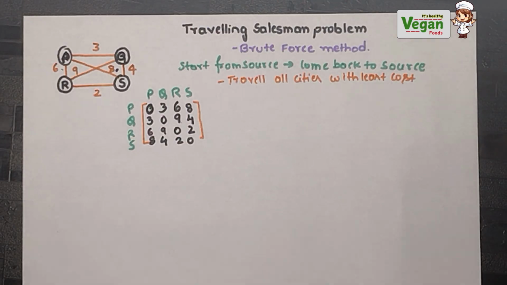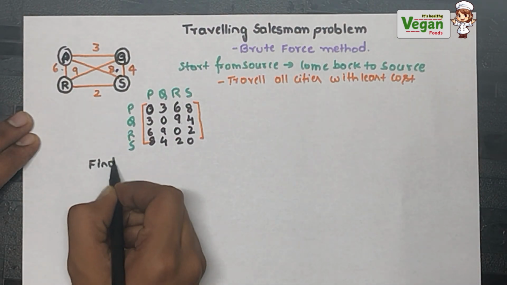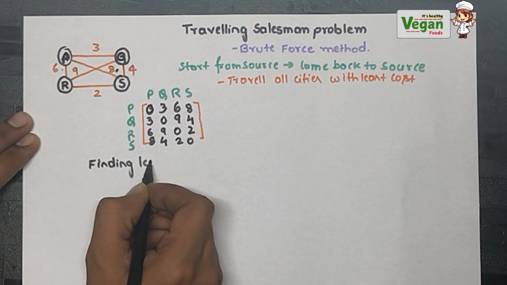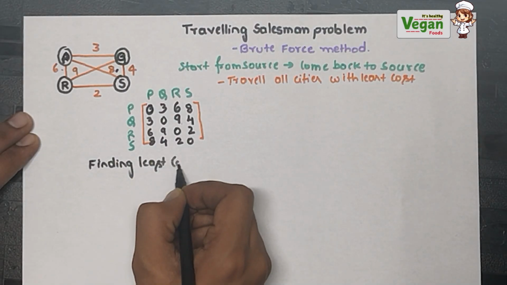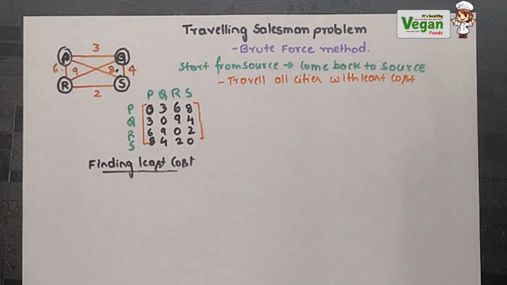Now after writing the matrix and filling the values, let's find the least cost. So what will be the process? We must travel through all possible ways. I will tell you a short trick to solve the problem, because this can be confusing for students.